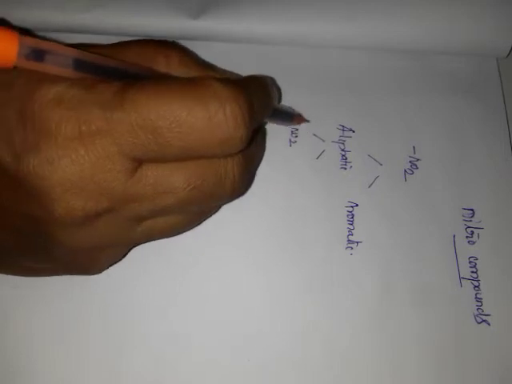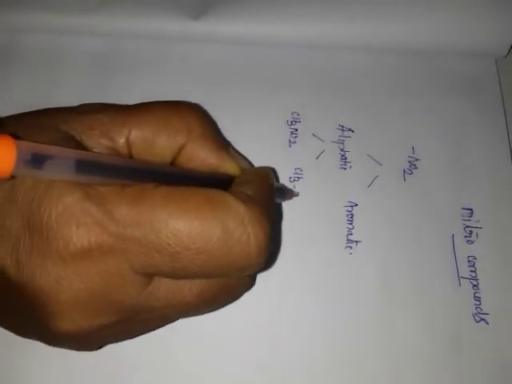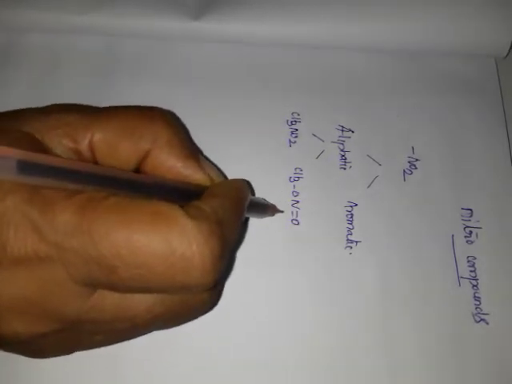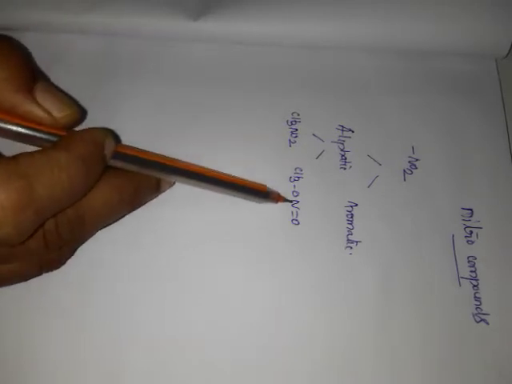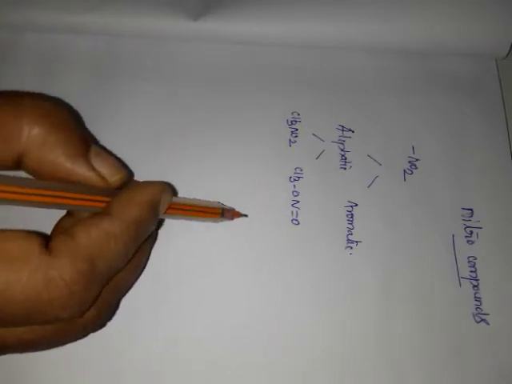So it is divided into nitroalkanes and CH3ON=O, which is called a nitrite, methyl nitrite. So aliphatic is divided into two types: nitroalkanes, such as nitromethane, and nitrites, such as methyl nitrite.